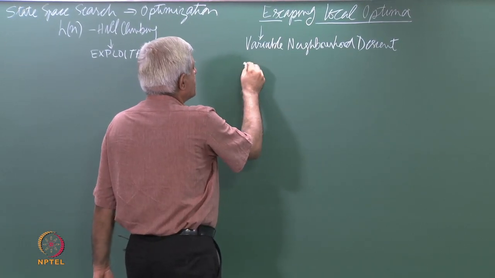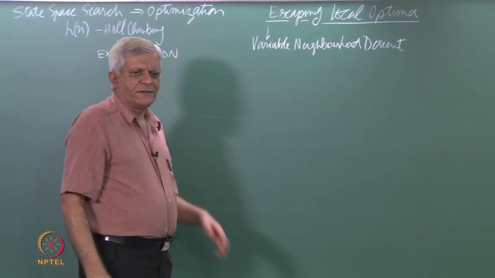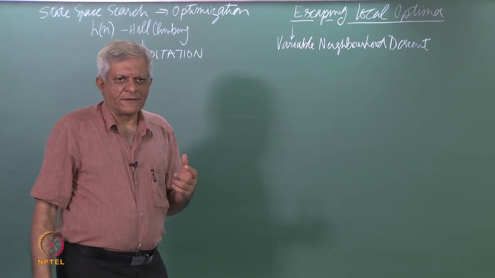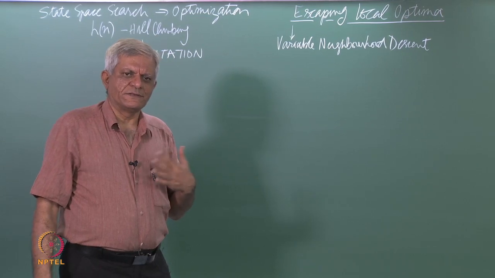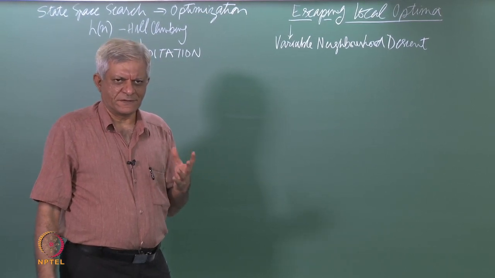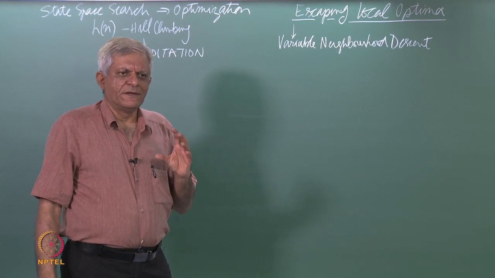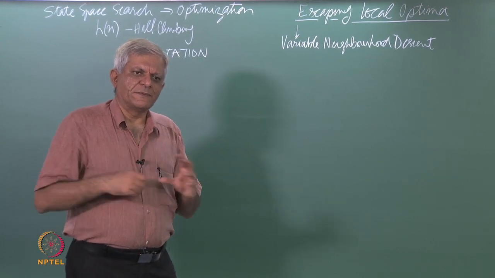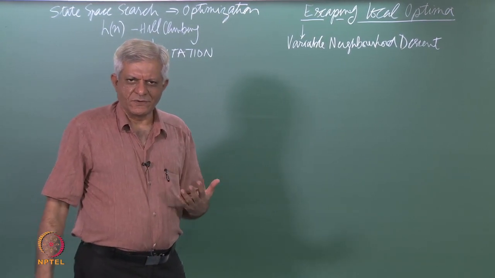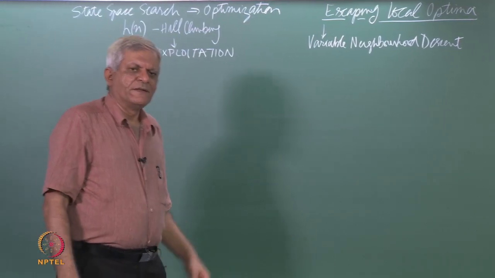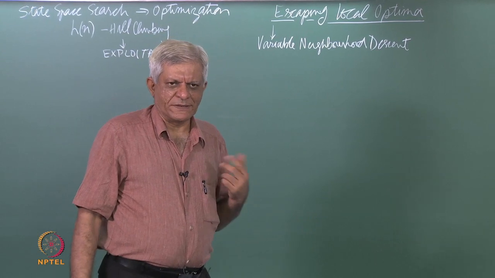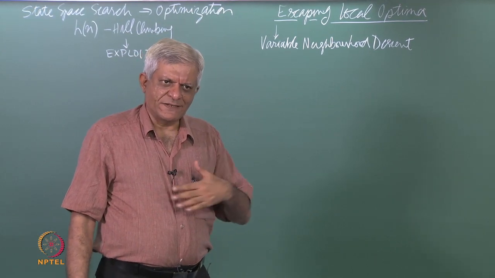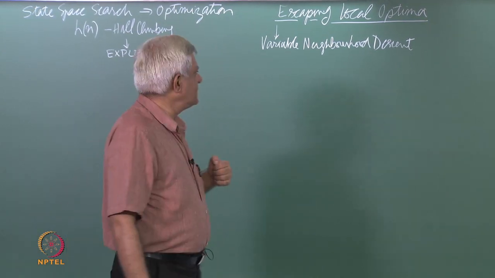For us the neighborhood function is given by the move gen function, and we also said that we are moving from state space to solution space search, which means that we are perturbing candidate solutions to generate new solutions. We saw that example with SAT, that you can flip 1 bit, or 2 bits, or up to 3 bits, and so on. You can generate a variety of neighborhood functions.